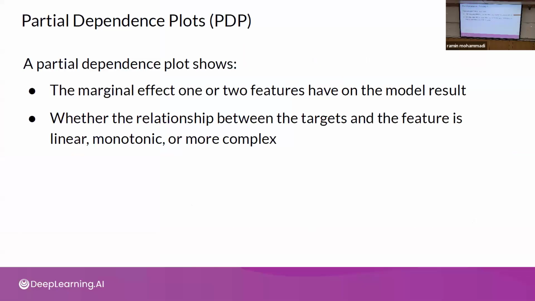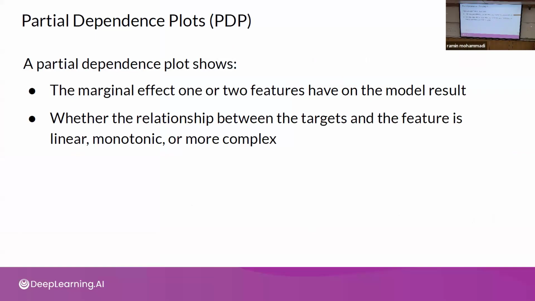We start with the PDP. Let's say you have 10 columns, and you want to see the effect of one or two columns on the model's output, compared to the other ones, if you keep the rest fixed.